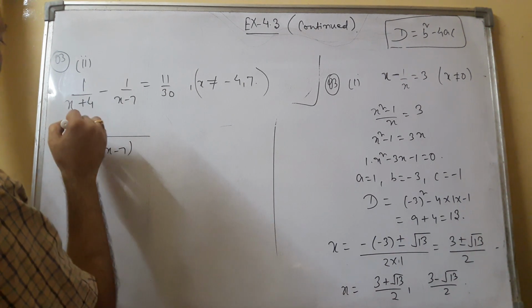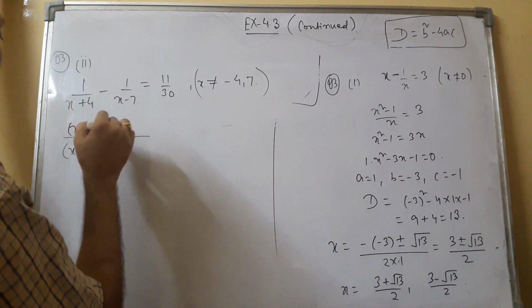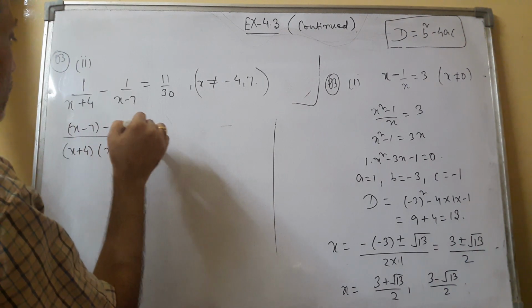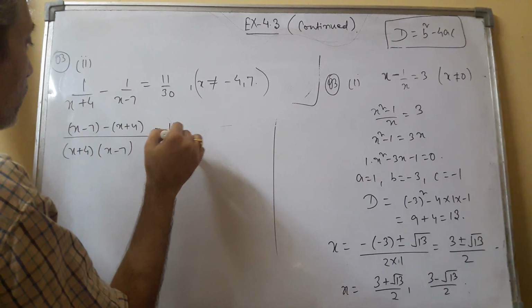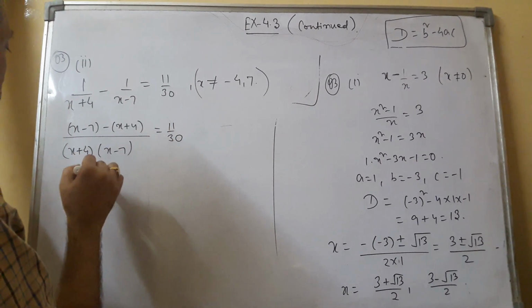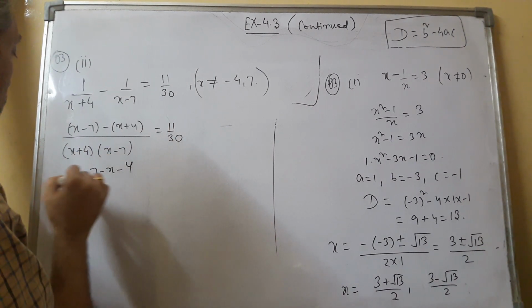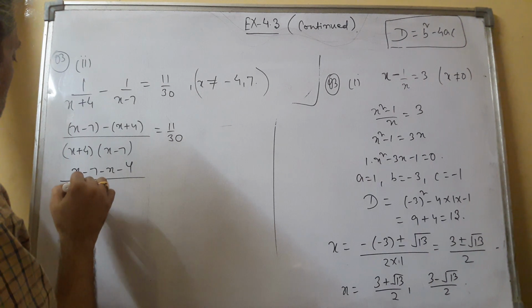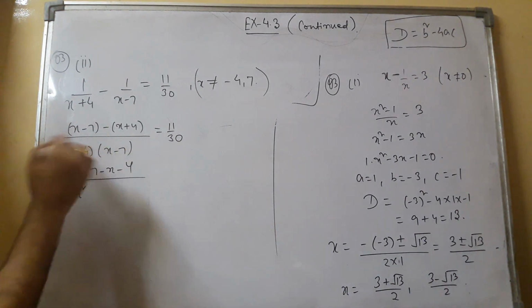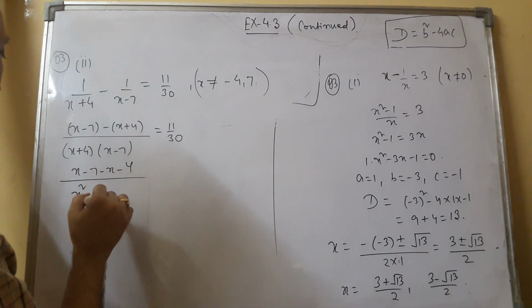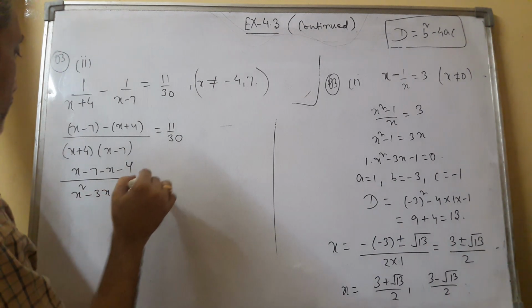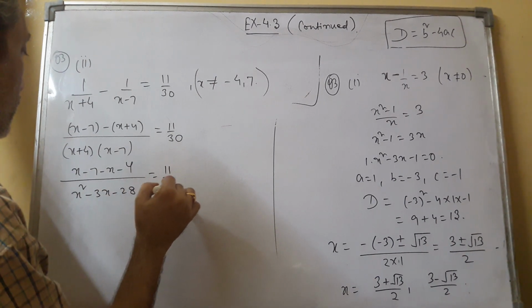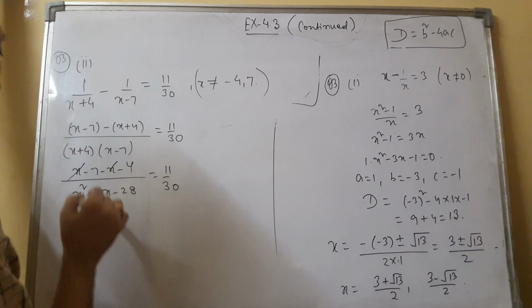So let us take the LCM. Open the brackets, minus 7x plus 4x minus 3x. X cancels out.